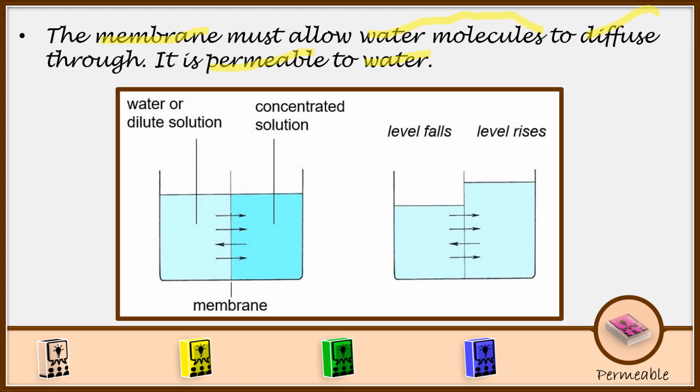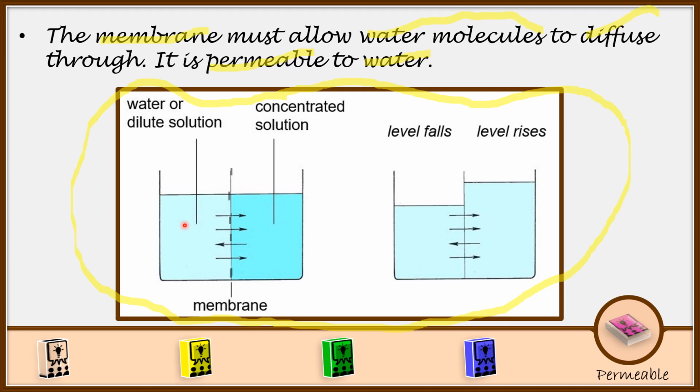So when we look at our diagram here, I want us to study it very well so that we can understand. We have a membrane in the middle here, and it is separating water this side and this side.